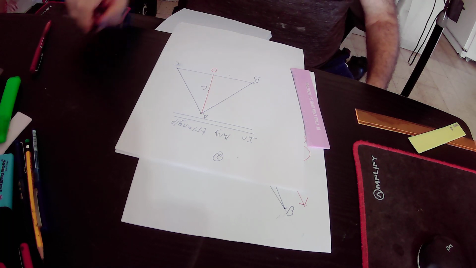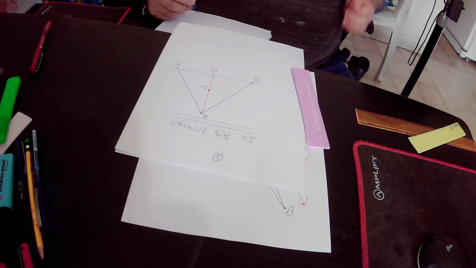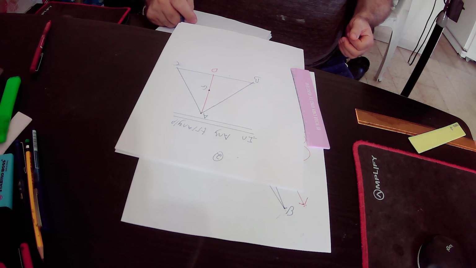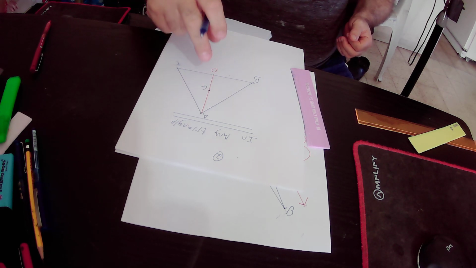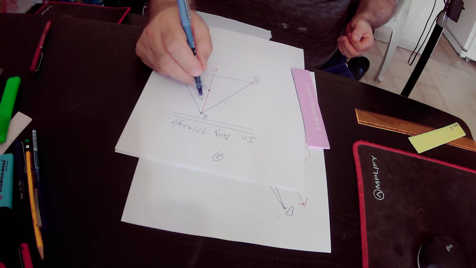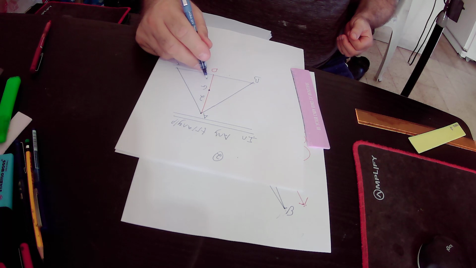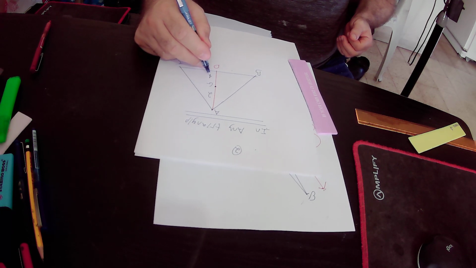And G is the centroid, so the centroid G divides the median AD in a ratio of 2 to 1. That is to say, if AG equals 2 units, then GD will be equal to 1.